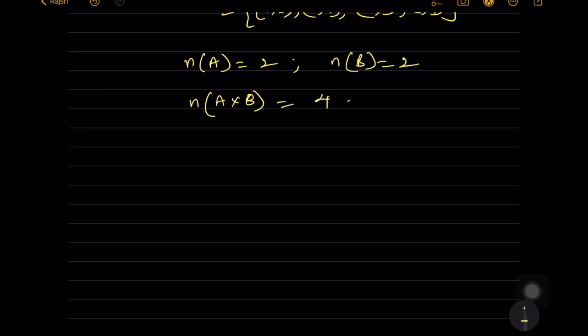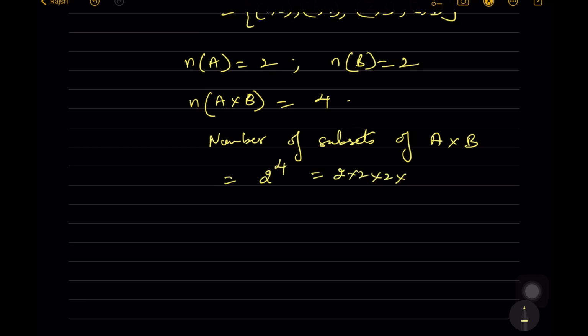We'll just see. Number of subsets of A cross B is equal to 2 to the power of 4, which is equal to 2 into 2 into 2 into 2, which is equal to 16 subsets it will have.